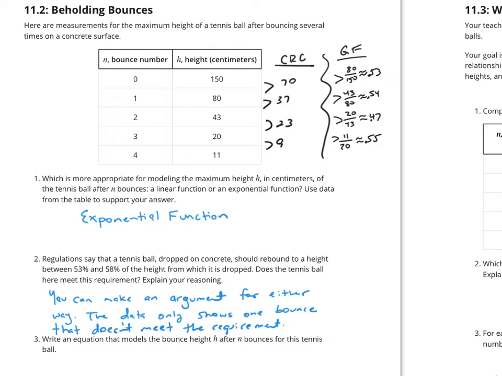You could just use the growth factor of the first 2 points. You could also take an average of the growth factors. You add them all up, divide by 4, and you get about 0.53. Because it's not a perfect situation, you have some options.